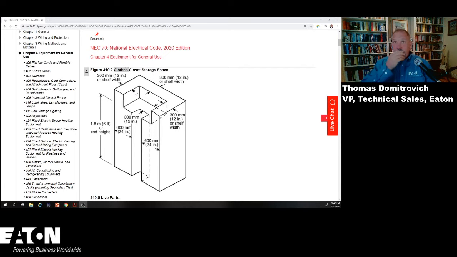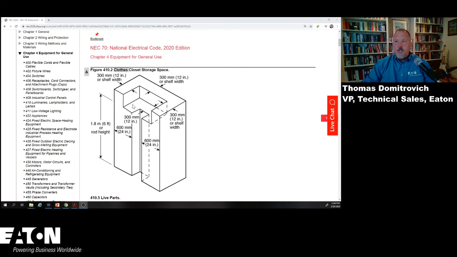Now that would seem to indicate, and I'd have to look at the substantiation on this one, that if I have a closet that stores towels, I don't have to follow this guide. Or if I have a closet like a pantry closet that has canned foods and things like that, I wouldn't have to worry about this anymore. Where before I may have had to worry about this because it just said closet storage space. So now it says closed closet storage space. So that's an important NEC change.